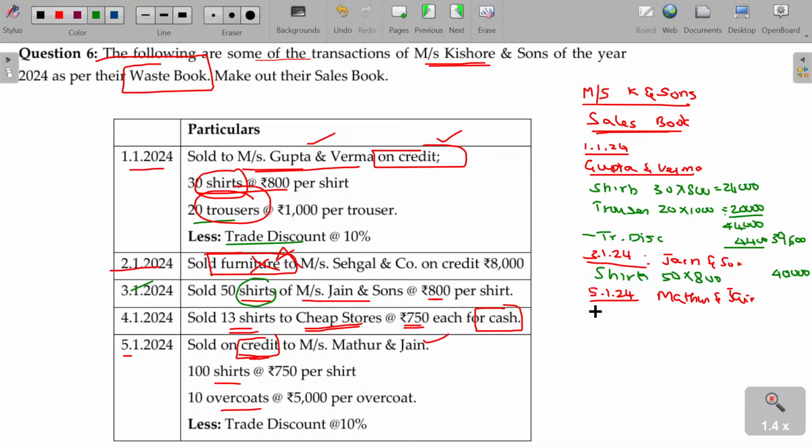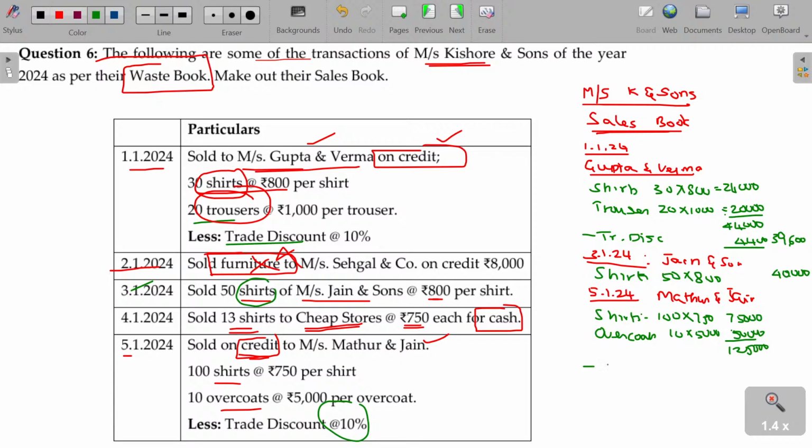What are the items sold here? Shirts, 100 shirts at rupees 750 each, 75,000. Overcoats, 10 overcoats at rupees 5,000 each, 50,000. Total 1,25,000.